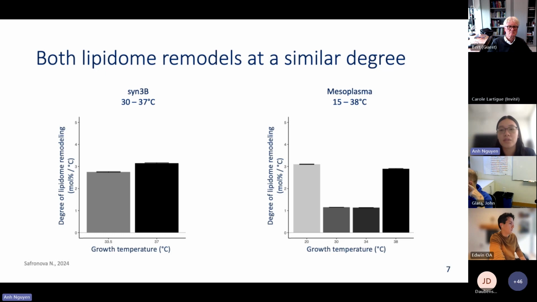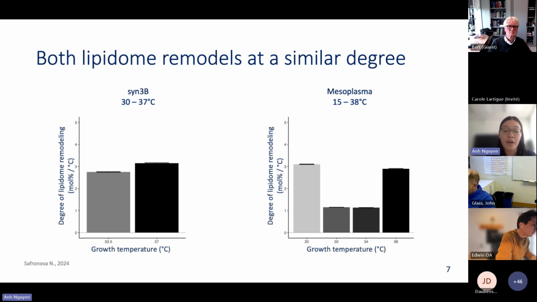But for Mesoplasma, some people say it comes from plants, some people say from insects, but either way, they are not able to live in a thermostat all the time. So maybe that's why we have machinery that is more flexible in terms of temperature adaptation.